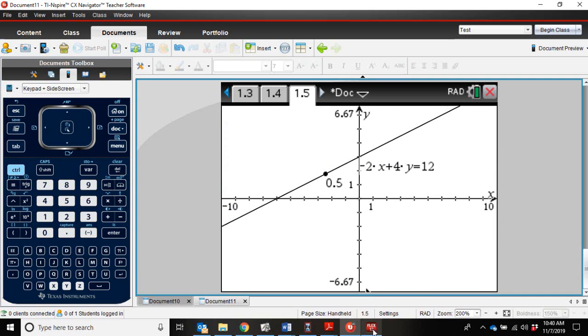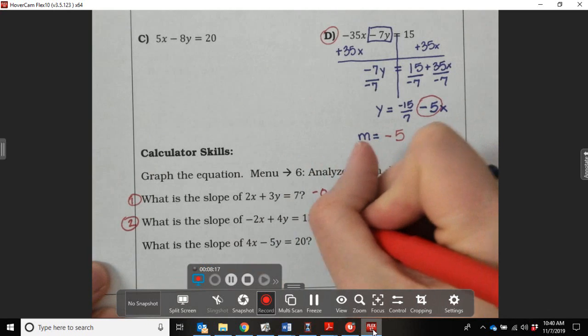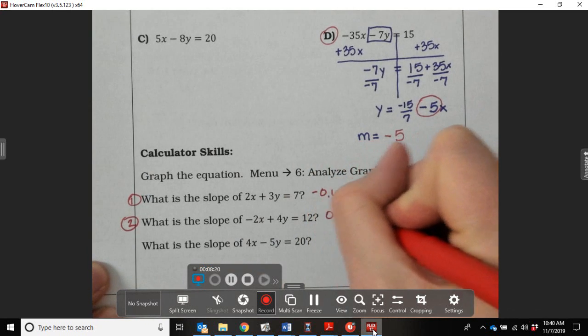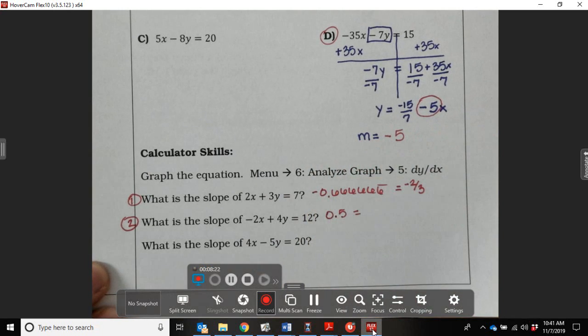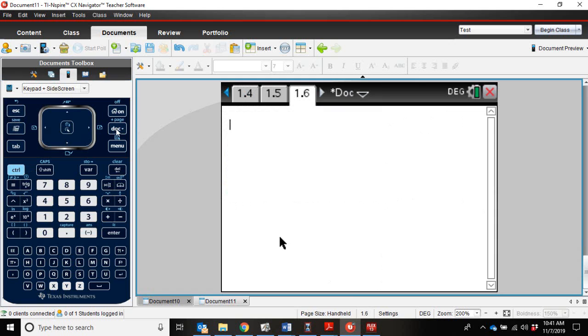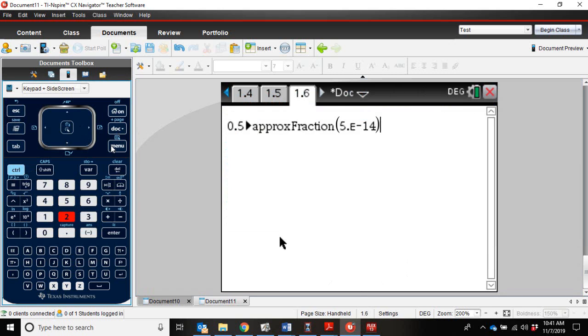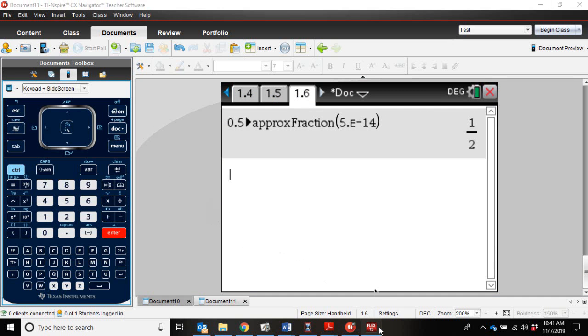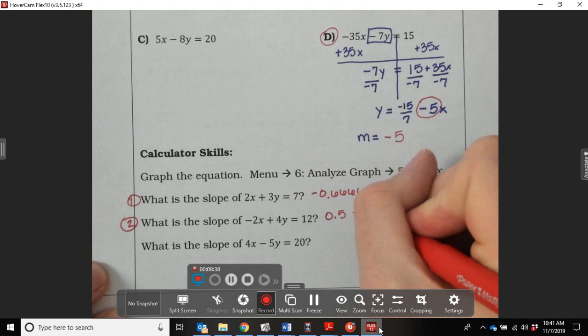So that's what I'm going to write down right here, 0.5. But I need to change that to a fraction. So I'm going to go to a calculator page and type in 0.5 menu 2. We should be getting good at changing things to fractions. So my real answer is 1/2.